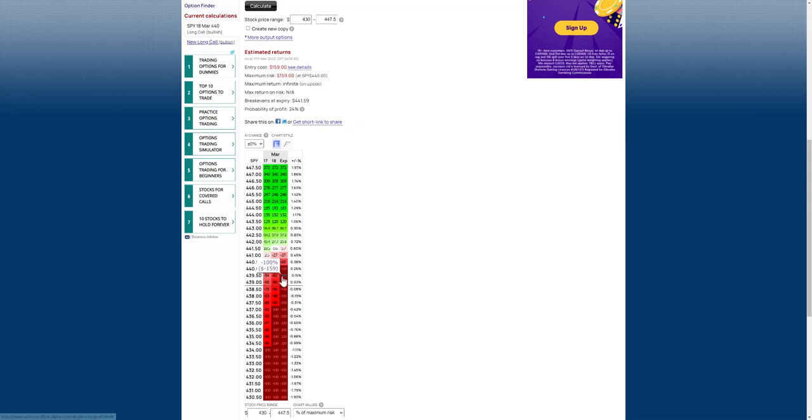And if it's anywhere under the 440, you're down 100%. 440 and under, you're down 100%. If it doesn't close above 440, you're down 100%, so the contract is basically going to go to zero.